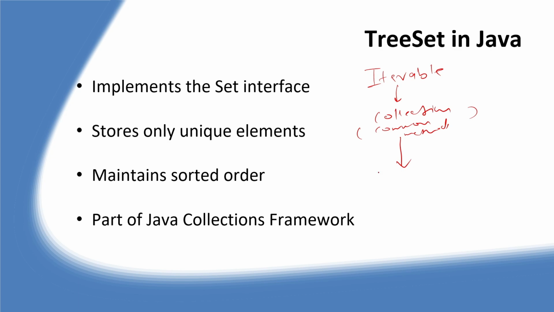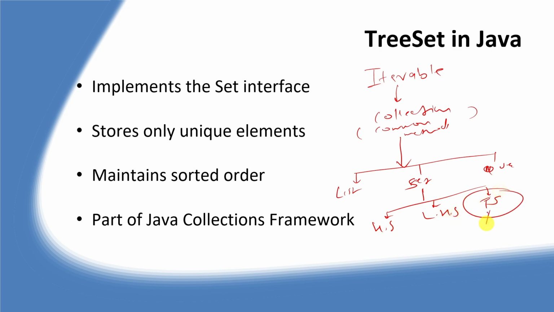The Collection interface again has three child interfaces: List, Set, and Queue. And Set has three implementation classes. What are those? HashSet, LinkedHashSet, and TreeSet.